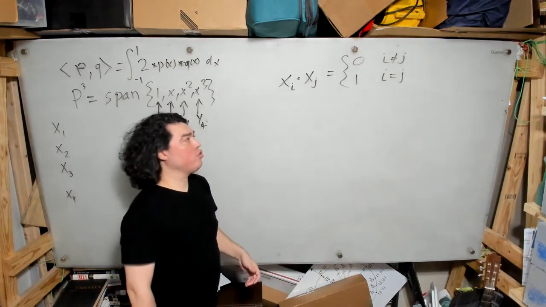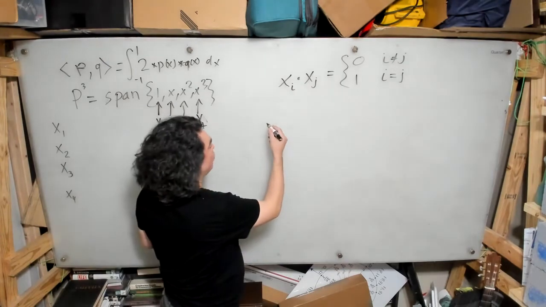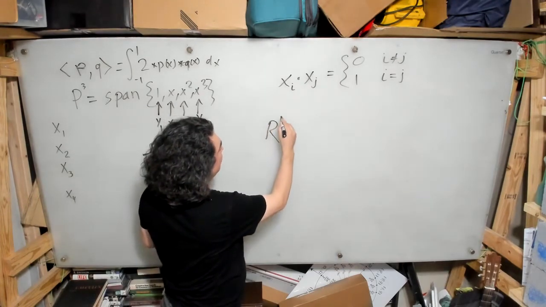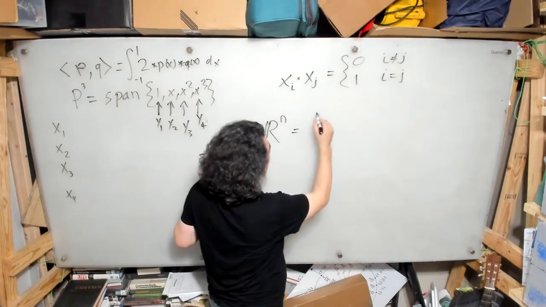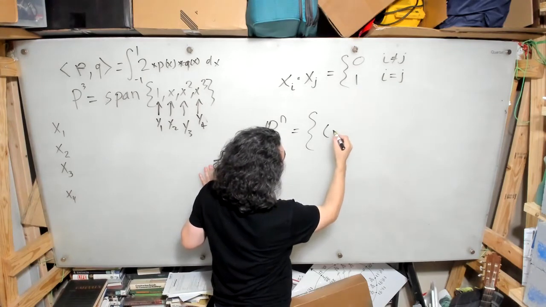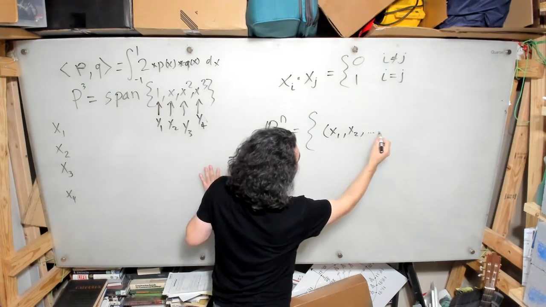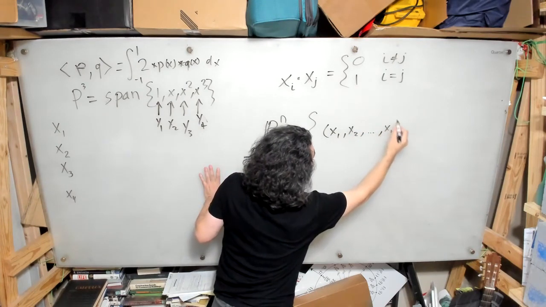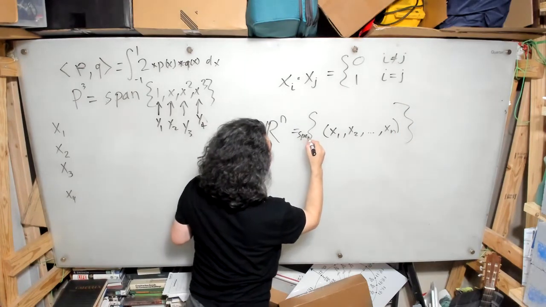And what I want you to notice from this is that it captures exactly, going back to the familiar example of Rn, just like in calculus 3, the n space, where we call the coordinates x1, x2, dot dot dot, all the way to xn.